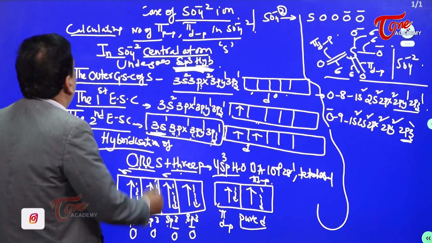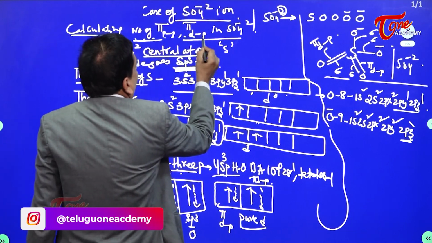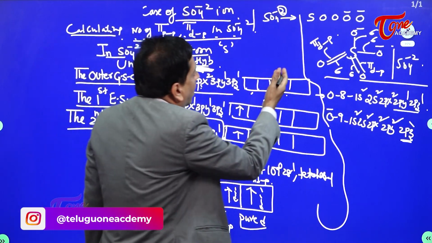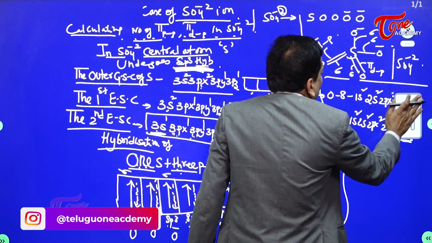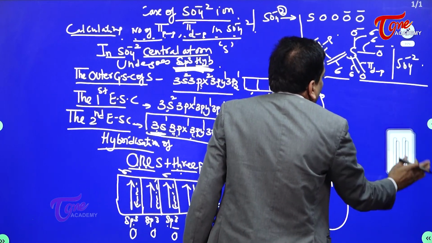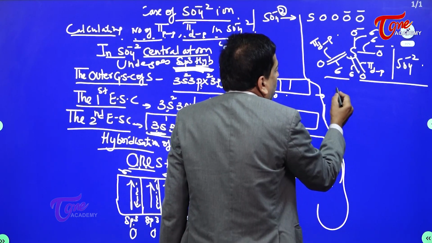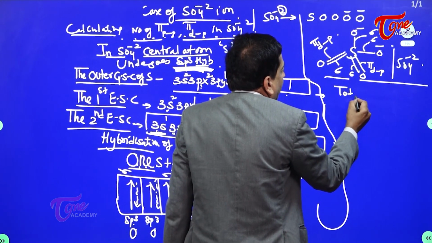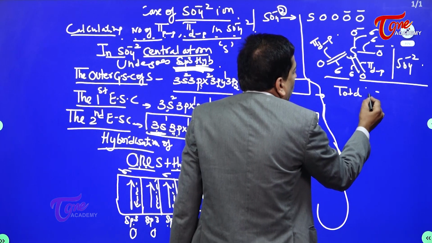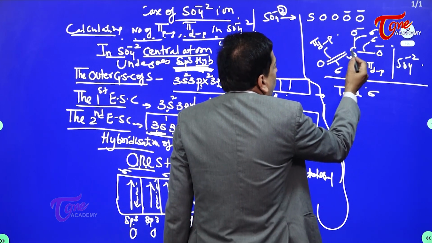Now what is the question? Calculating the number of pi pp and pi dp bonds in this. Well, you can count it. In this, you have total sigma bonds, if you count 1, 2, 3 and 4.